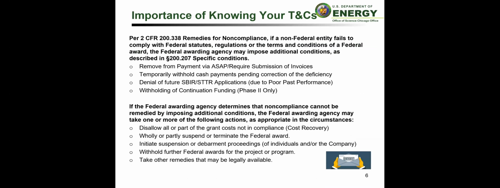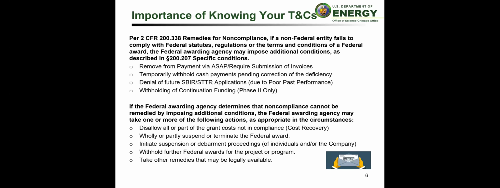So as I was talking about, there is great importance in knowing your terms and conditions. And when a company is seen as out of compliance with the terms and conditions, there are various remedies that DOE can take to try to bring a company back into compliance.